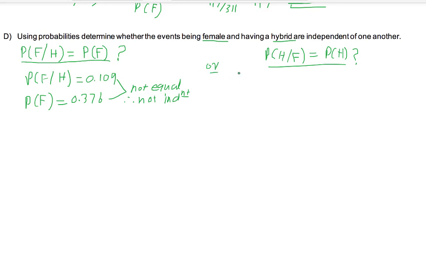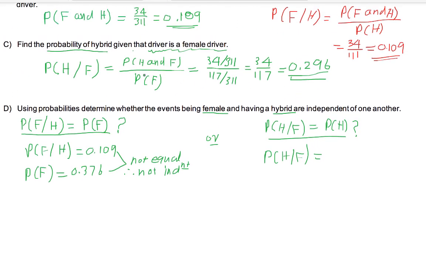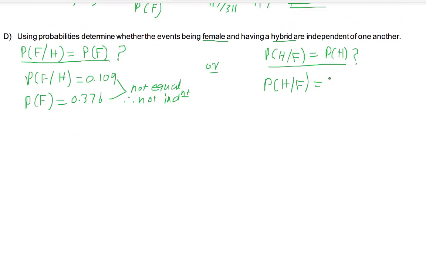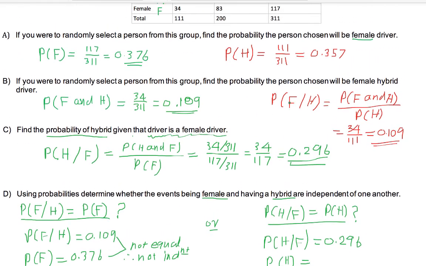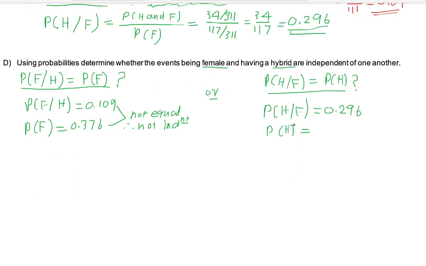Okay, one of them. Then probability of hybrid given F, I think we do have the answer. Probability of hybrid given F is 0.296. Then check the probability of hybrid. What is the probability of hybrid? Let me check. Yes, we do have the answer, 0.357.